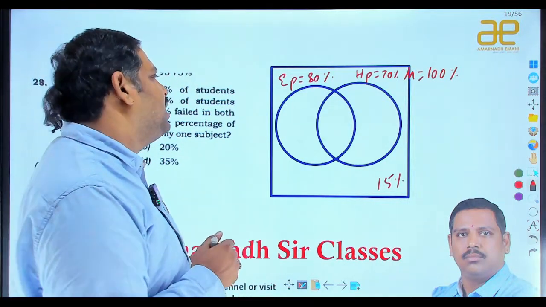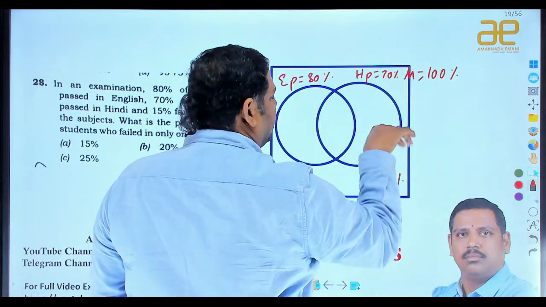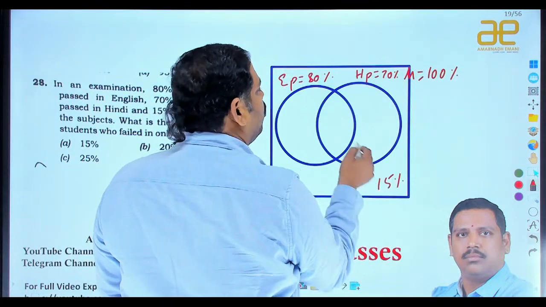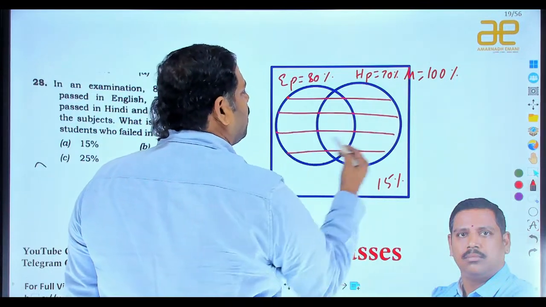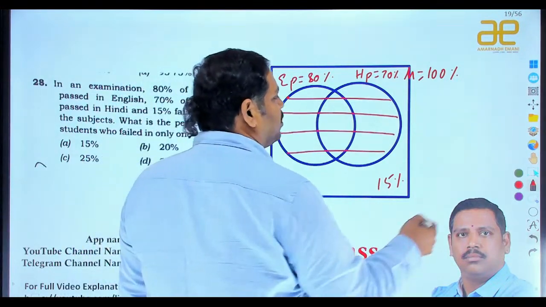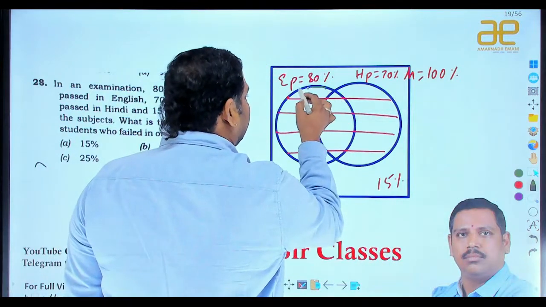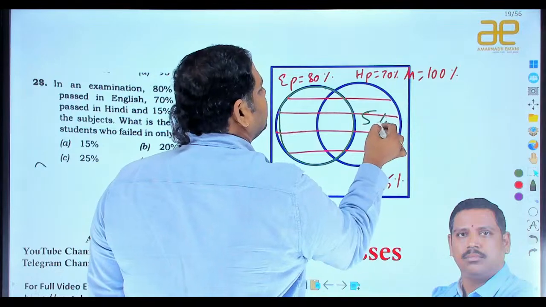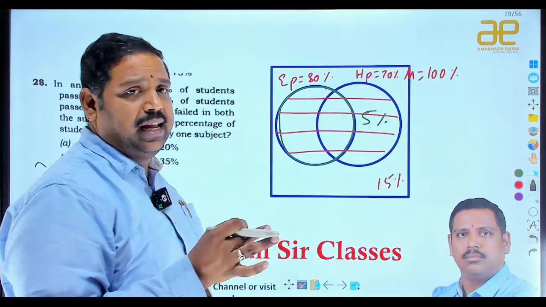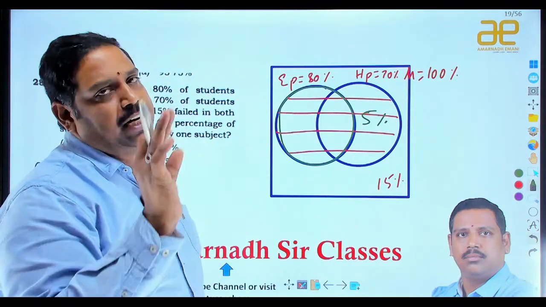And now what I can say, this total is 100%. If you remove 15%, this area totally consists of 85%. Right or wrong? This total is 85%, and if you observe, this is 80%, means that this is 5%. These are the people who passed only Hindi, nothing but these are the people who failed English only.